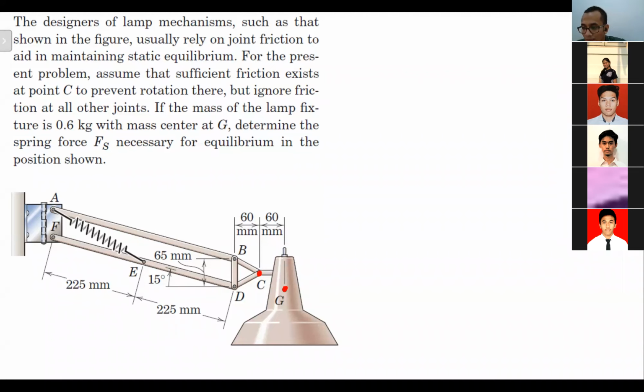Is it quite clear, Faiz? Yes, sir. Okay, now if you understand the problem, we go to the next stage. Find the two force members there.